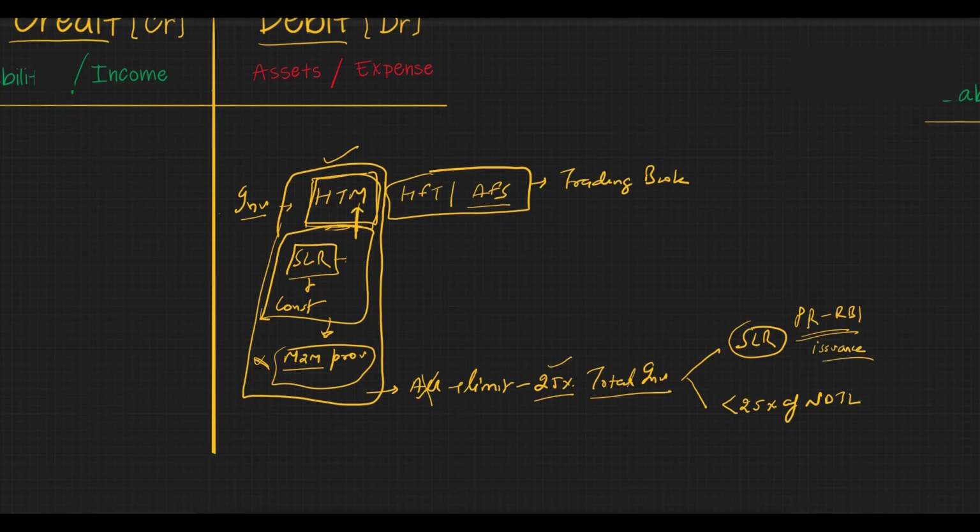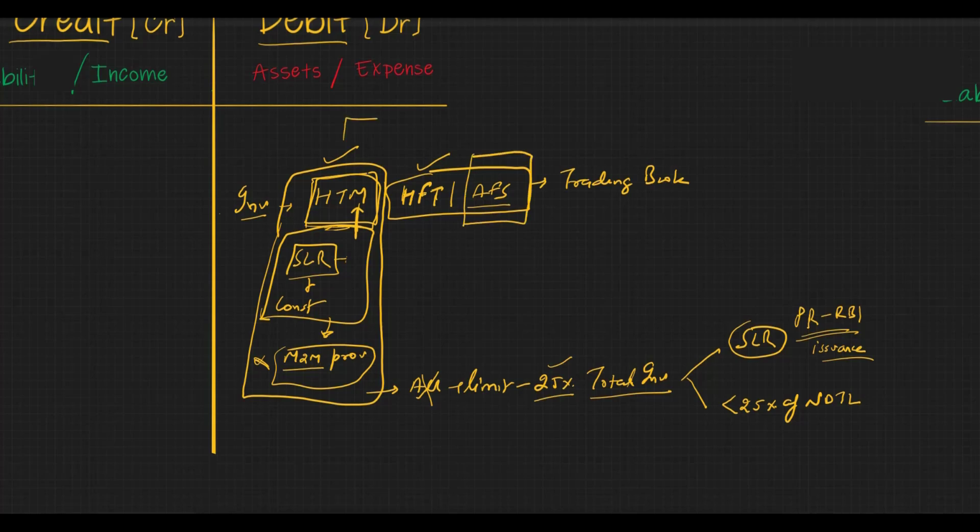Alright, now let's shift our focus to the other two classifications, the HFT and AFS. HFT, or held for trading securities, are acquired by the bank with the intent of trading by taking advantage of short-term mispricing or interest rate movements. Alright, the last category is AFS.